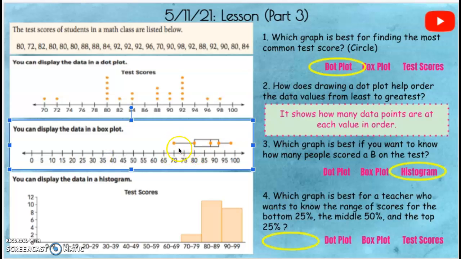Remember, the first part is 25%, so between 70 and 80 is 25%. The middle 50 is our box, so between 80 and 92-ish. And then the top 25% is this part, the other 1/4. So this is actually going to be represented in a box plot. So it's going to be box plot.